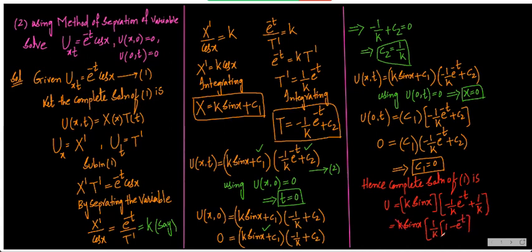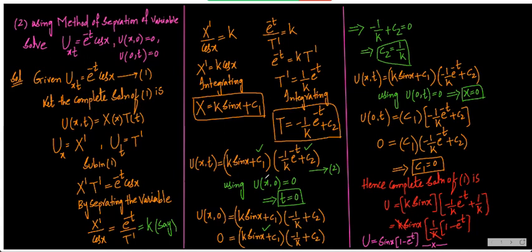This k and this k will be cancelled. Finally, our answer is u is equal to sin x into 1 minus e to the power of minus t. This is the final answer of this problem using method of separation of variables.